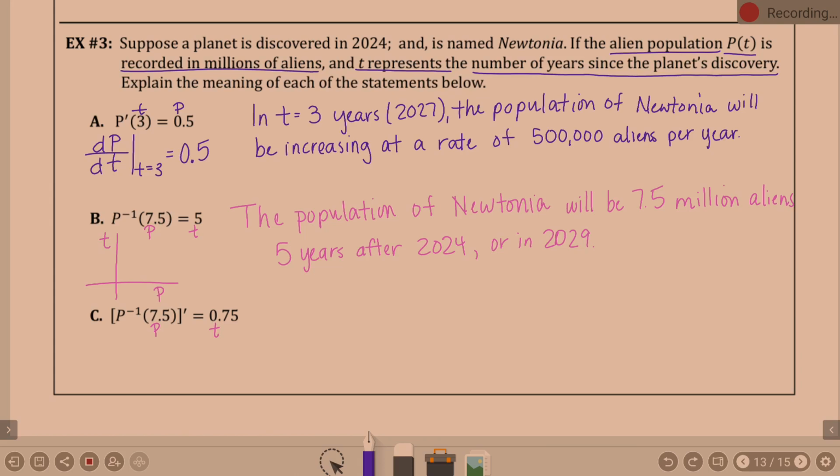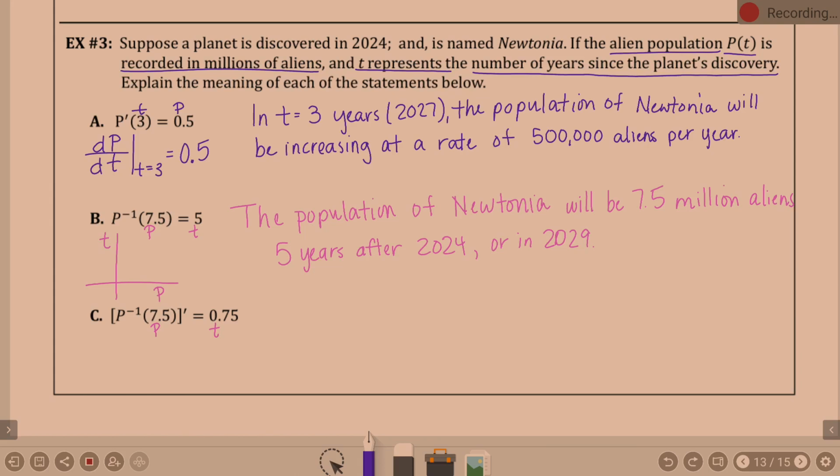So here, when our population is 7.5 million, it takes, so how mine reads is it takes 0.75 or 3/4 of a year for the population to increase, and we're talking about in terms of millions, so to increase by 1 million.